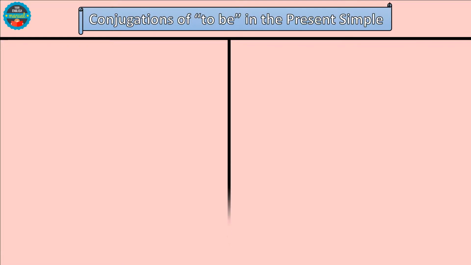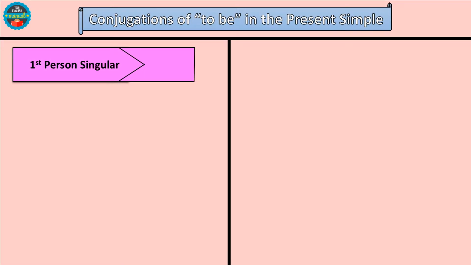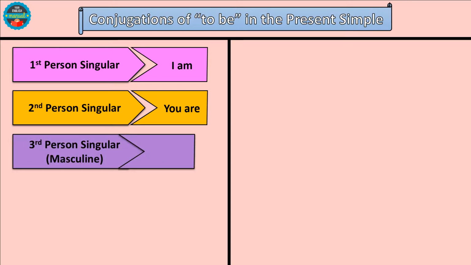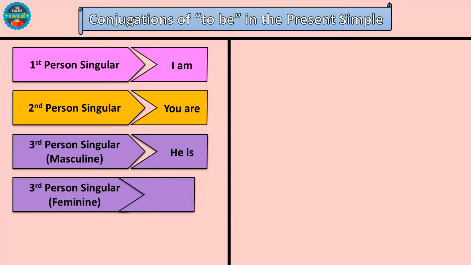In order. First person singular, I am. Second person singular, you are. Third person singular masculine, he is. Third person singular feminine, she is.